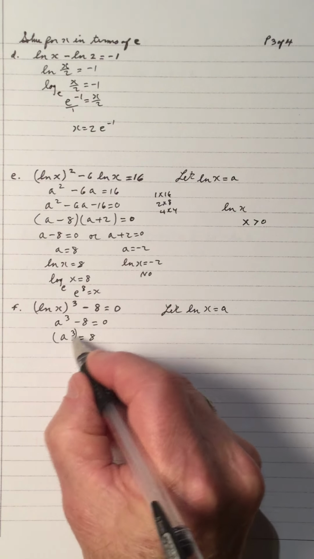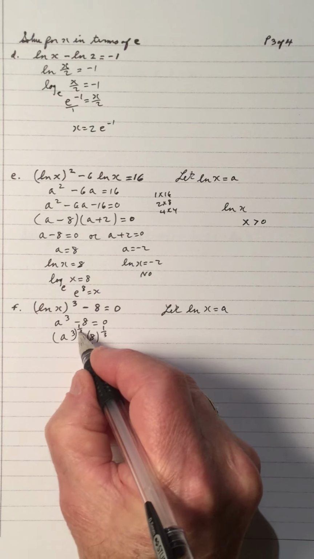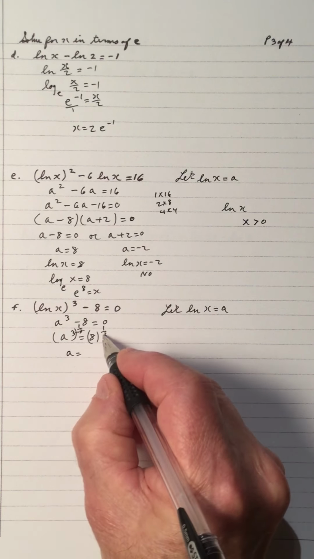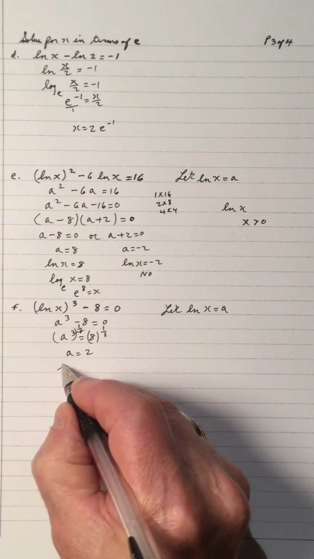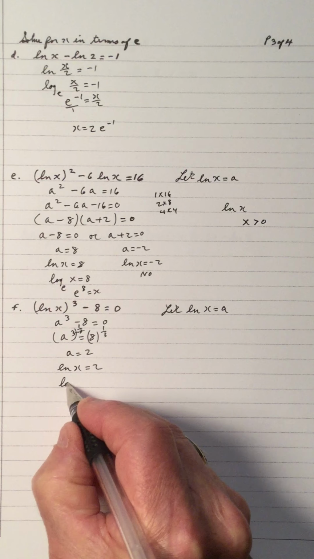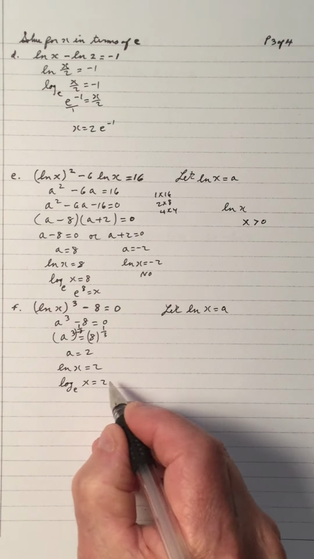So if we do to the 1/3 power on both sides, 1/3 times 3 cancels, so you get an a. And 8 to the 1/3 is the cube root of 8, which is 2. So the ln x equals 2. So log base e of x equals 2.